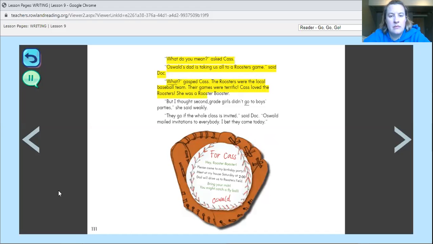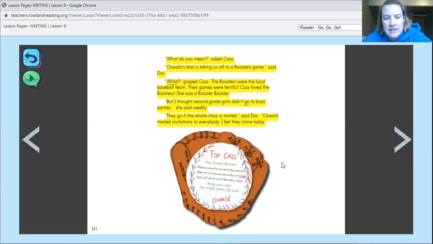She was a rooster booster. "But I thought second grade girls didn't go to boys' parties," she said weakly. "They go if the whole class is invited," said Doc. "Oswald mailed invitations to everybody. I bet they come today." Yikes.